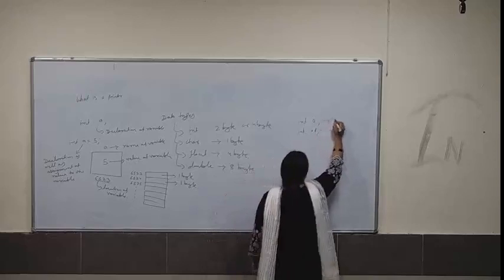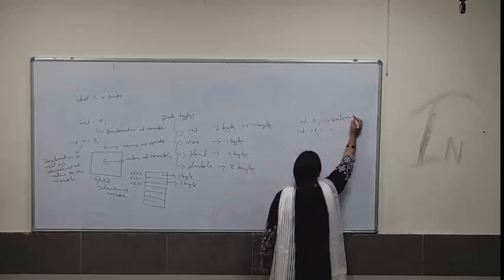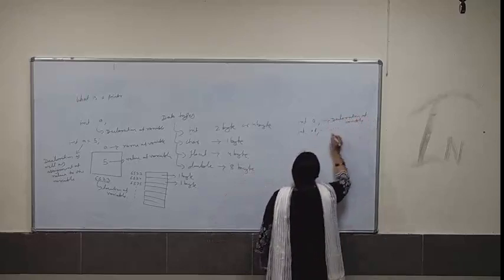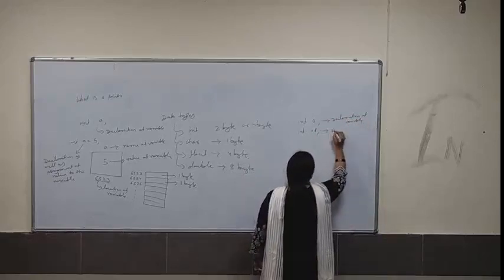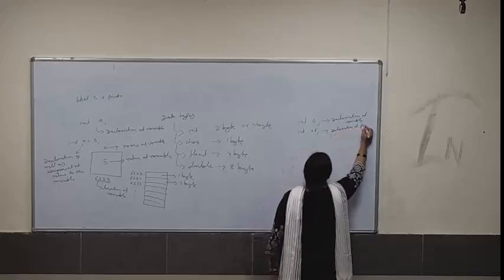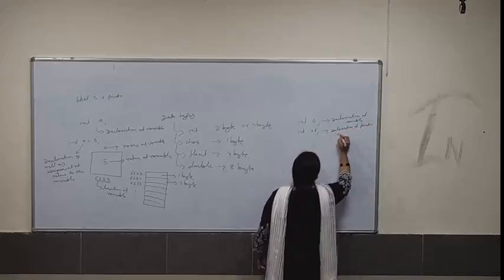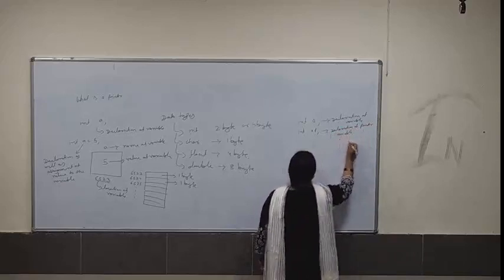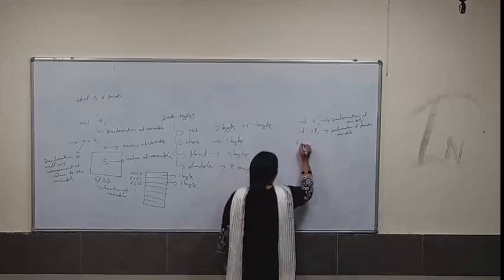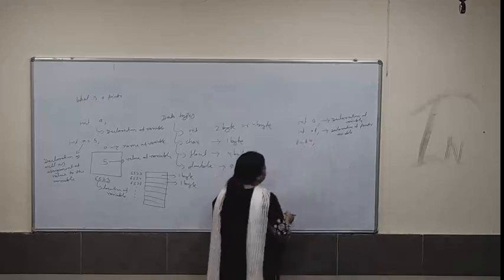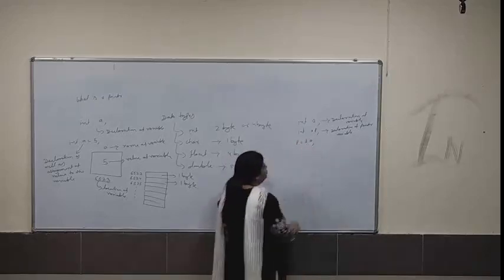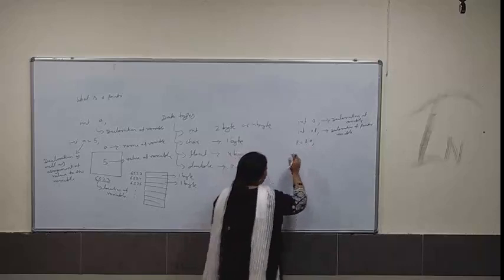So this is the declaration of a variable, and this one is the declaration of a pointer variable. Now p = &A. This means p is storing the address of variable A.